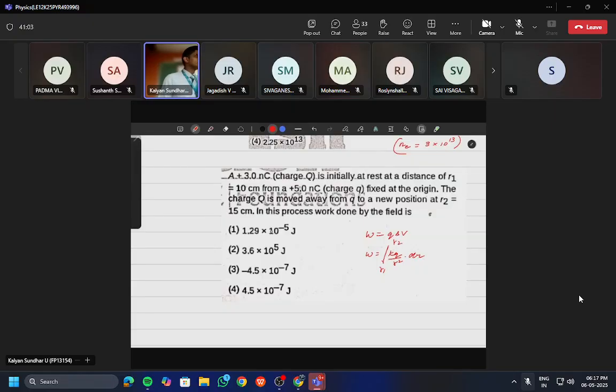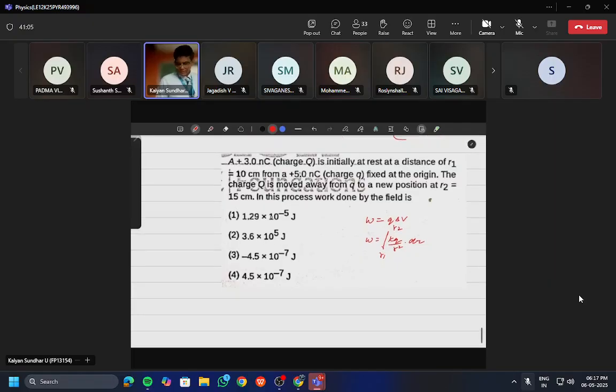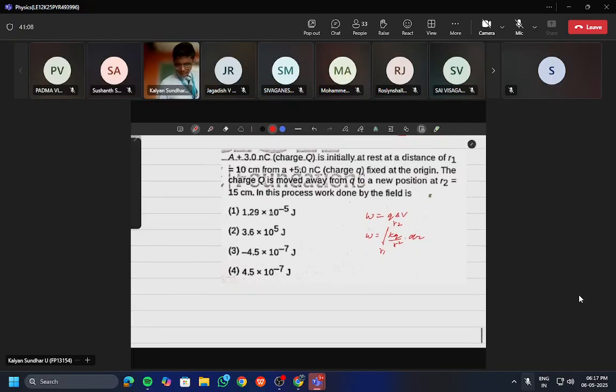Charge q is placed at plus 5 nanocoulomb at the origin, and at a distance of 10 centimeter they have placed 3 nanocoulomb charge. From point a to point b they are just moving it. Point b is at 15 centimeter, so 5 centimeter extra move. All you have to find out is the total work done by the field.